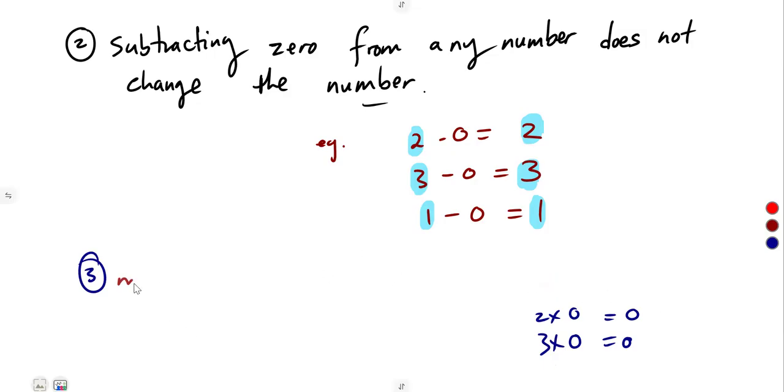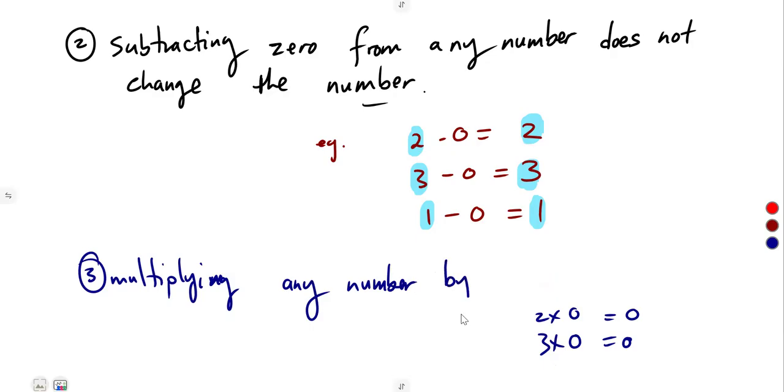So you're going to say multiplying any number by 0 always gives 0.